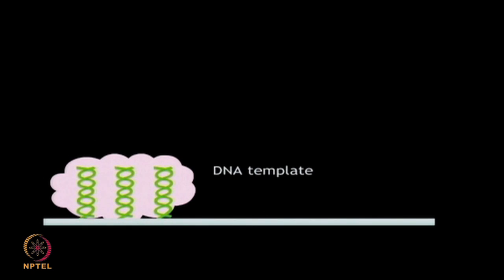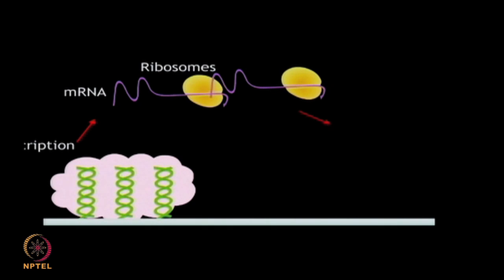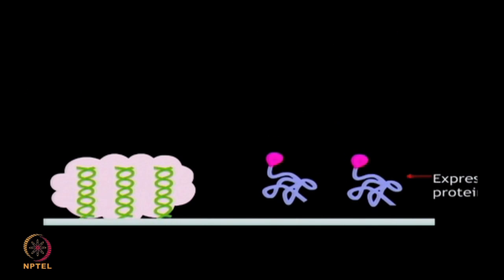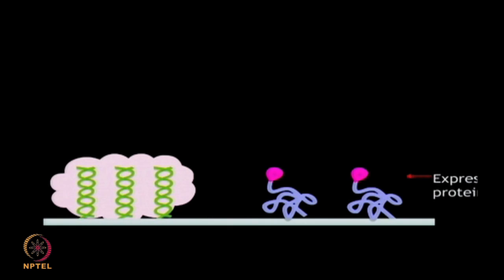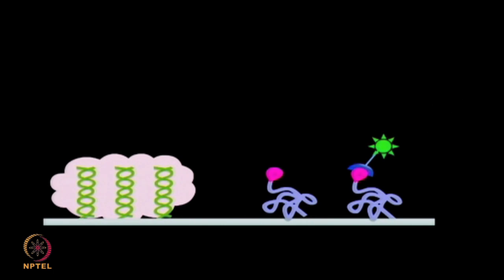The transcription and translation can begin only after the second spotting step. The protein expressed from the template DNA binds to the array surface by means of non-specific interactions, which is one of the drawbacks of this procedure.